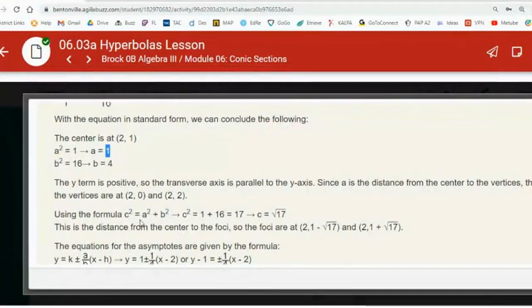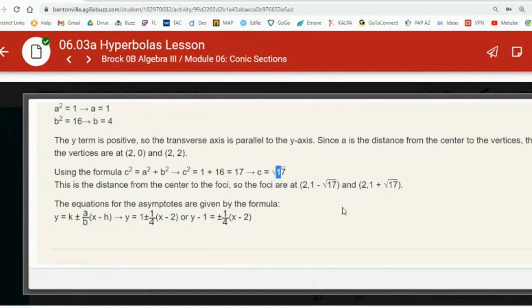So they did that right here. c squared equals a squared plus b squared, which is 1 plus 16, because we have those. So c is the square root of 17. This gets a little complicated: the foci are at 2, 1 minus the square root of 17, and 1 plus the square root of 17. All right, those are kind of complicated points, but that is what the distance equals.